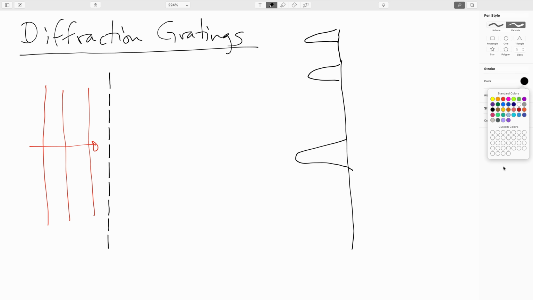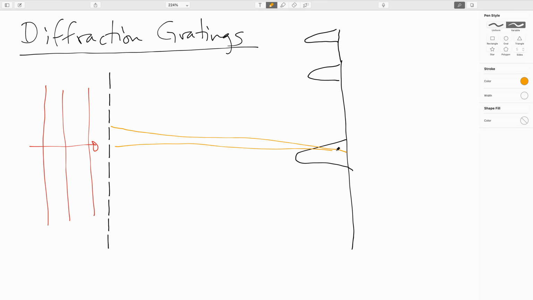But it turns out it's the same deal. So you'll have light, say, coming from, let's just look at these three slits here so we don't get too confused. If I look at light coming in from these slits here and here, these two have a difference of 0 wavelengths.